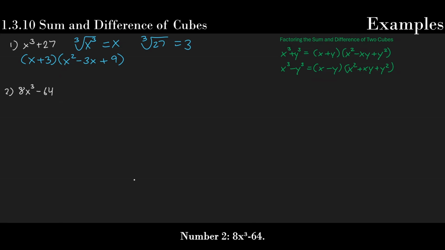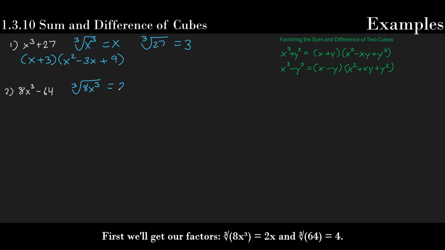Number 2, 8x cubed minus 64. Our difference of cubes has a coefficient on the first term. First, we'll get our factors. The cube root of 8x cubed equals 2x, and the cube root of 64 equals 4.